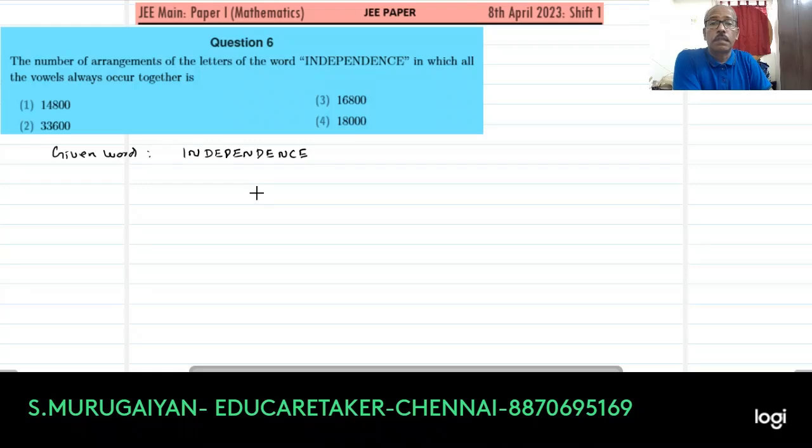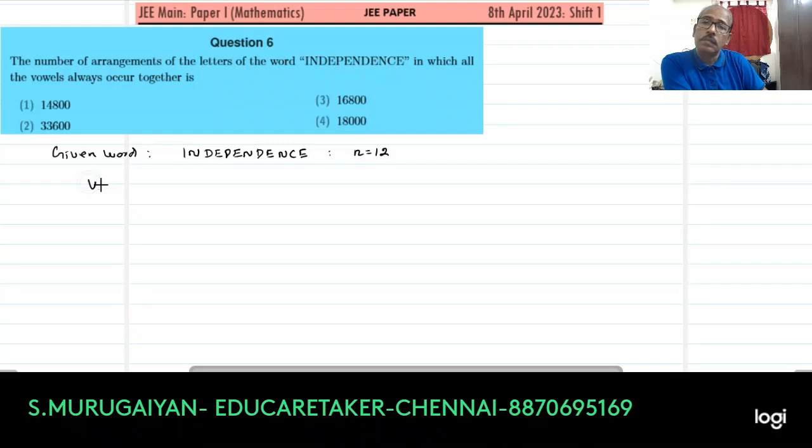The total number of letters is 1, 2, 3, 4, 5, 6, 7, 8, 9, 10, 11, 12. N equals 12, the total number of letters.